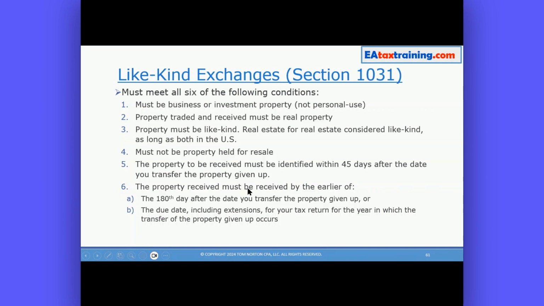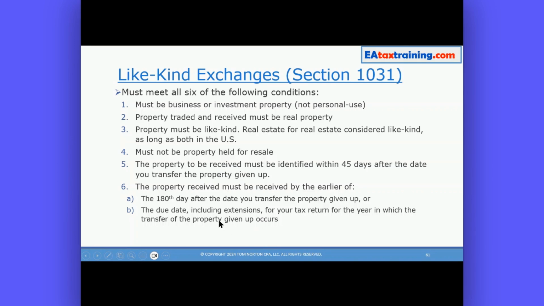The property received must then be received. You don't have to receive that property within 45 days, you just have to identify it. But it must be received by the earlier of the 180th day after the date you transfer the property given up, so that's a little less than 6 months, or the due date, including extensions, for your tax return for the year in which the transfer of the property given up occurs.